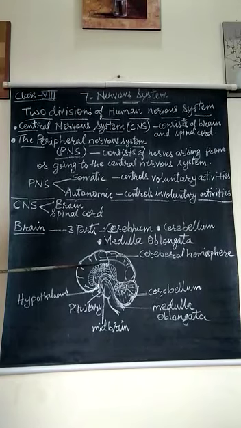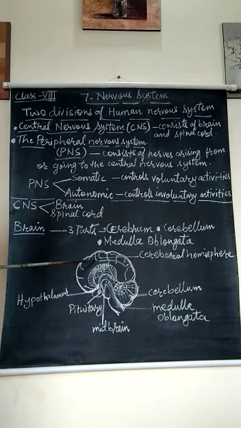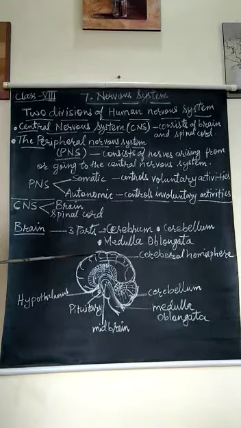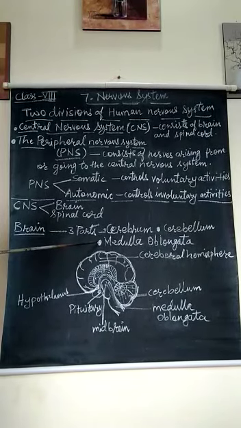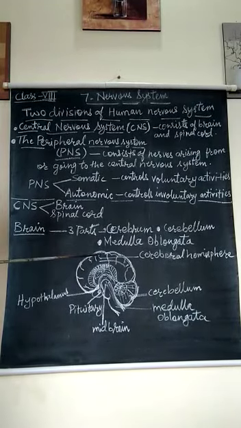The outer portion contains neurons, and it is called grey matter, and it accommodates a large number of neurons. Near about 9 billion neurons are in the human cerebrum. The inner portion of cerebrum mainly consists of axons, and it is called white matter.